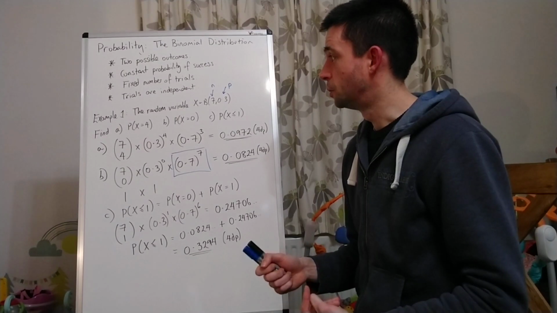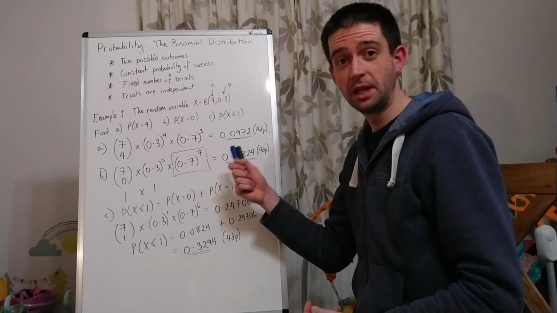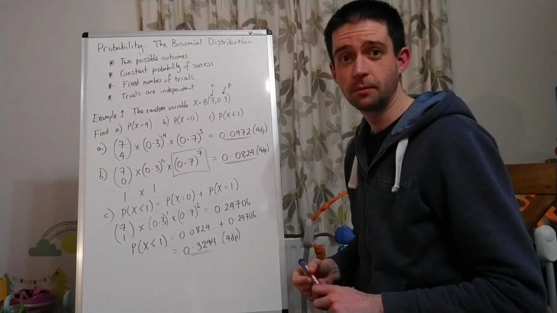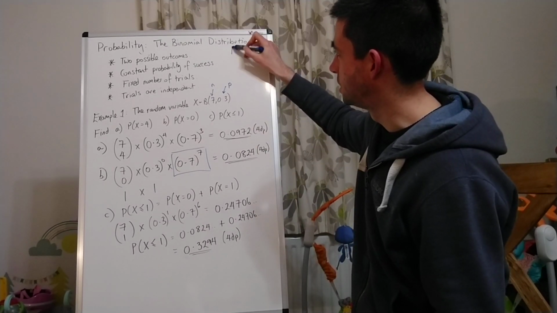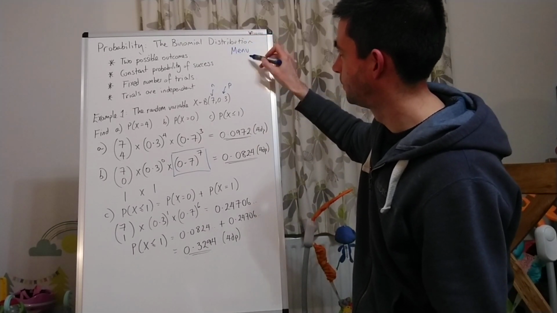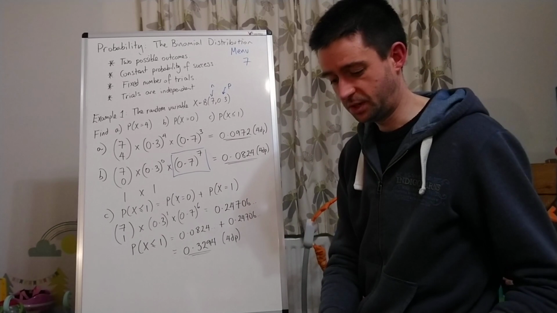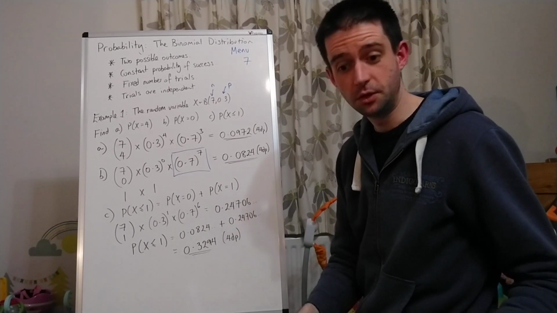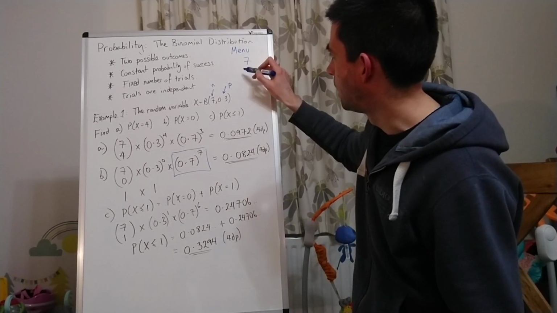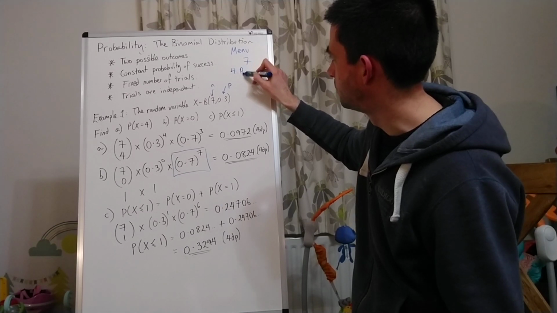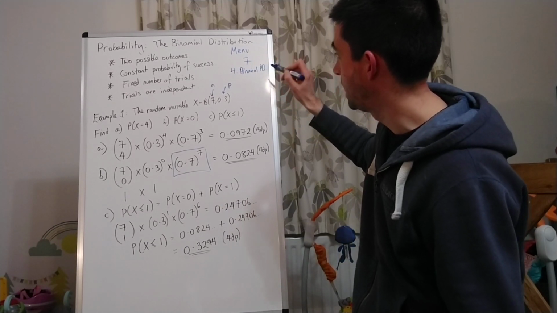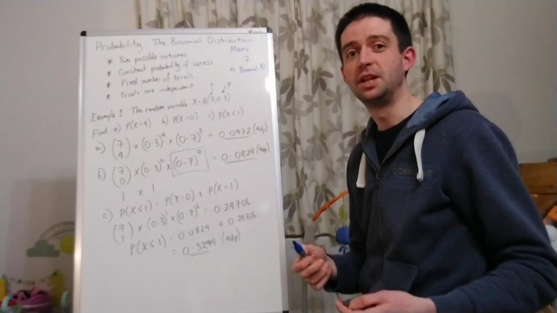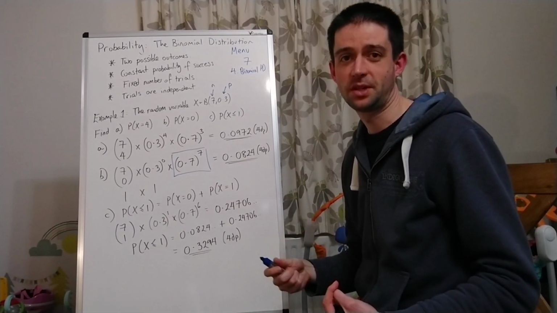Now, bonuses, your ClassWiz calculators will find this out for you using something called the binomial PD function. So what you need to do is you need to press the menu button and select number 7. That will take you to distributions, and it's then number 4, which is binomial PD. And this one finds you the probability of a specific number of successes.